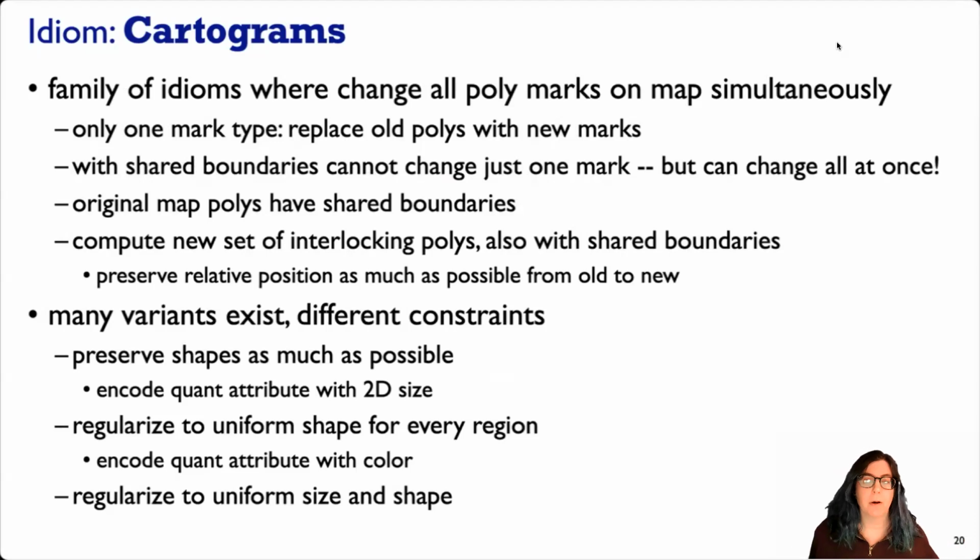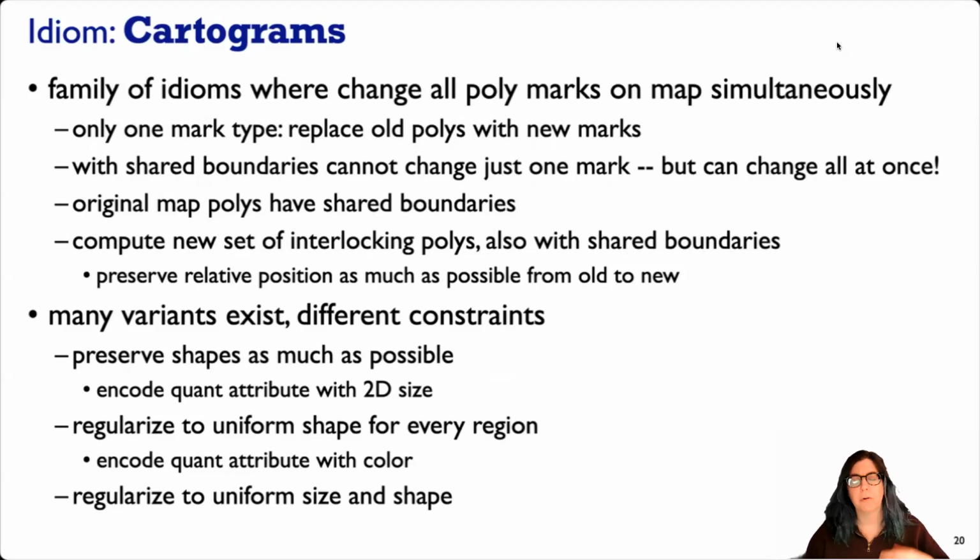So the original map polys have these shared boundaries, and in fact what we're going to do is compute a new set of interlocking marks, interlocking poly marks, also with shared boundaries, and we're going to try to preserve relative position, that is, order, as much as possible from old to new. Now there's a lot of variants of cartograms, and there's different constraints.